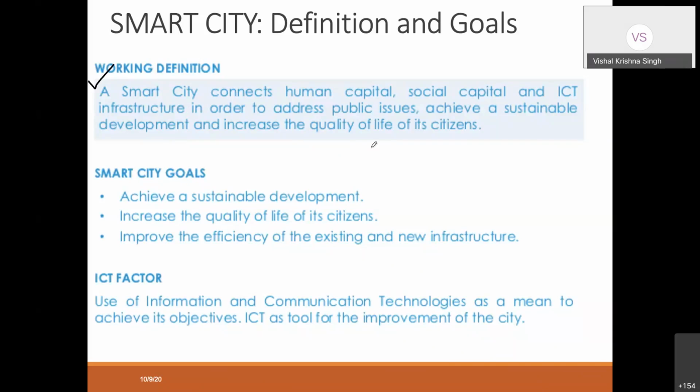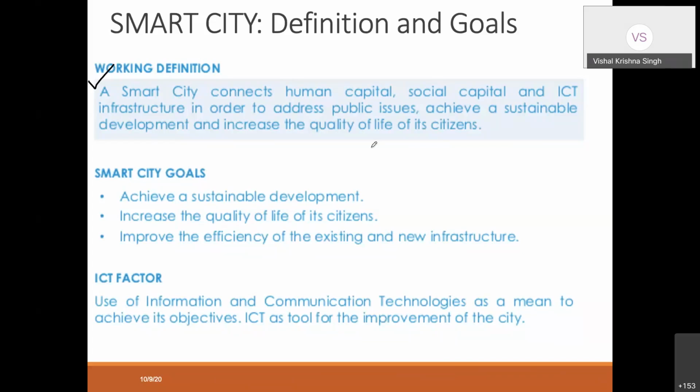Now, the use of scalable solutions, information and communication technology, to what end? To what end are we using this? The idea is to minimize or remove the issues which the urban world or these cities are facing in a cost-effective, reliable, and efficient way in order to improve the quality of life.